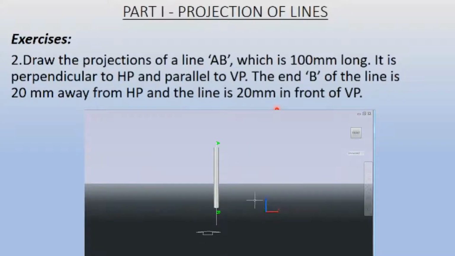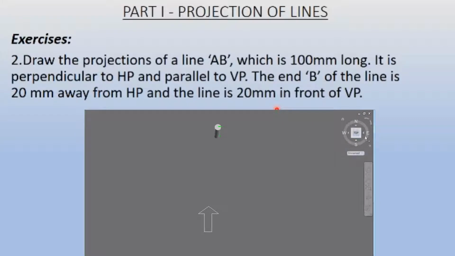So when I see it from the front, there is a straight vertical line with two ends A and B. But the same line, if I view from above, appears as a dot. You can see that this is a circle, but actually if this is a line with no thickness, this is going to be a simple dot.